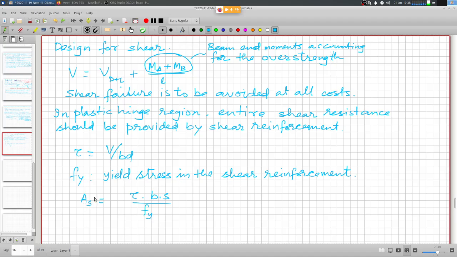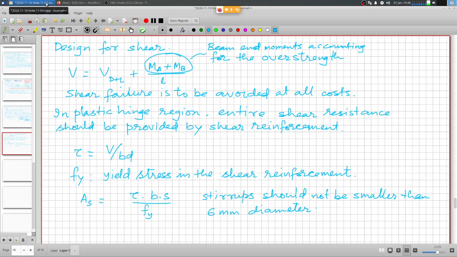for shear reinforcement, right? And obviously, the stirrups should not be smaller than 6 mm diameter.